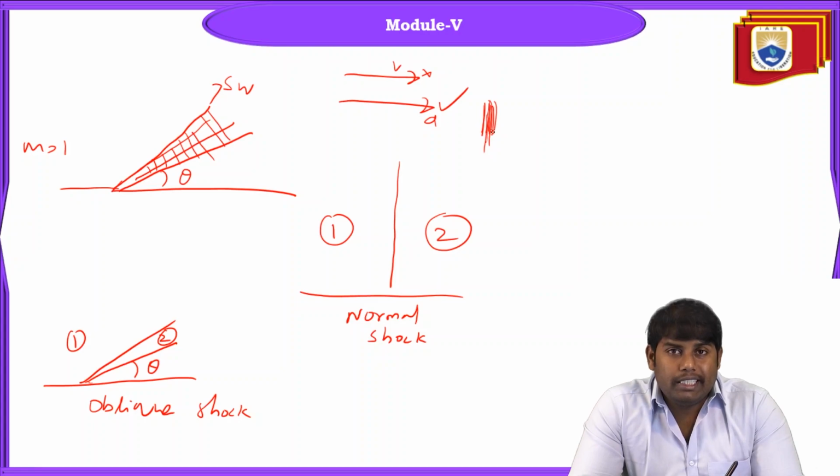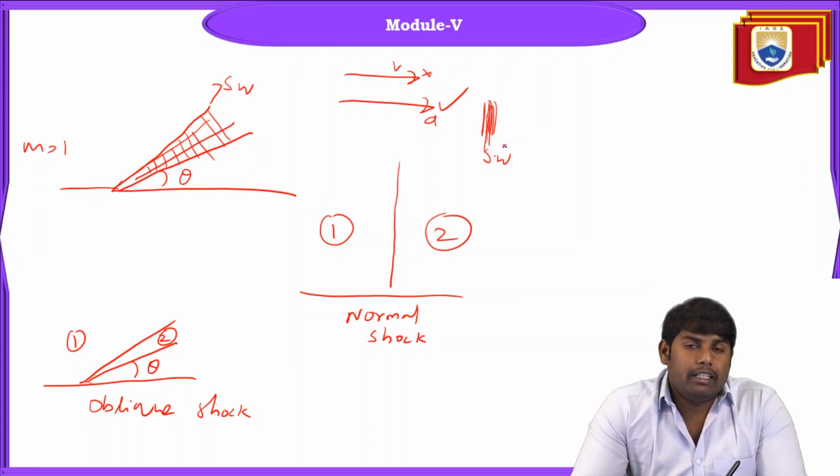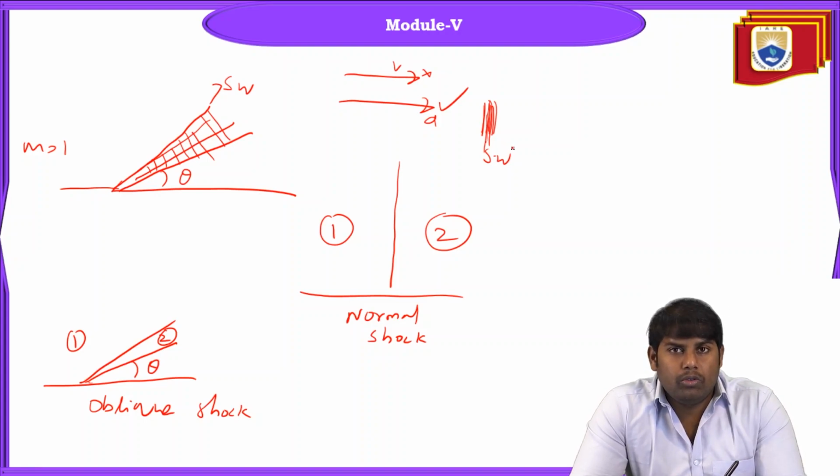This form of wave is called the shock wave, SW. This shock wave tries to decelerate the velocity of the object. The major agenda is to overcome the speed of the object. So it's like a marathon between the velocity of the object and the speed of sound.